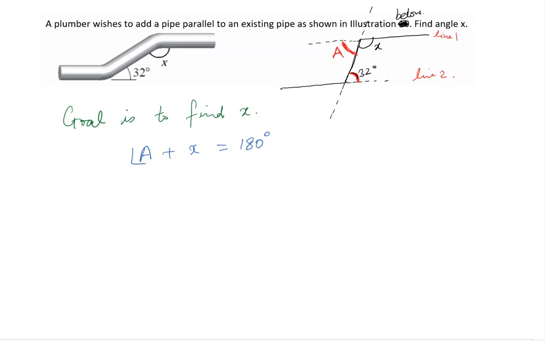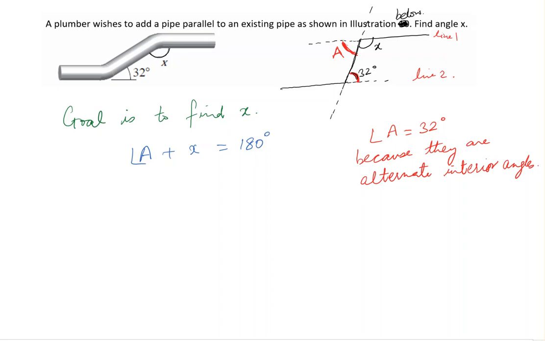Now we can see that angle A and 32 degrees are on the alternate sides of our transversal line, and they are interior angles. So from here we get angle A is equal to 32 degrees because they are alternate interior angles. Now we know the value of angle A.